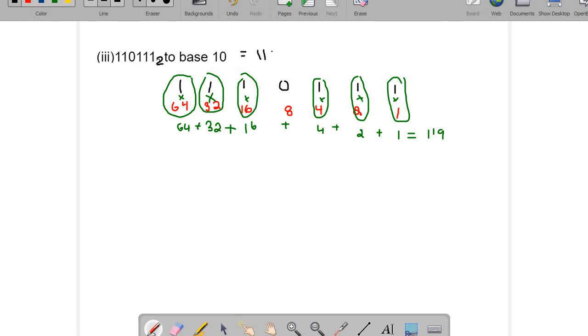And remember, for base 10, if there's no subscript number there to show the base, you can safely assume it is in base 10. That is why when you're writing a number in binary or base 5, it is important for you to write your subscript 2 or your subscript 5 respectively. So you can leave it as is, or you can write subscript 10. And that's basically it.